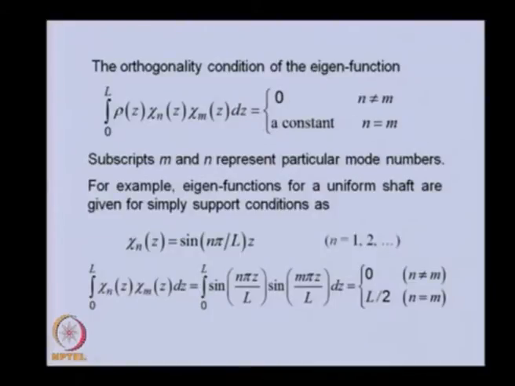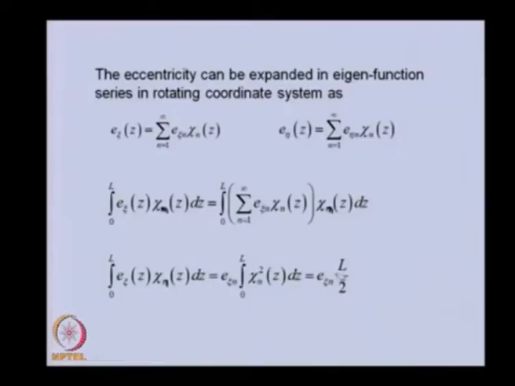For the simply supported rotor case, we have this as the eigenfunction, which we obtained earlier. If we substitute this eigenfunction in this integral, we will see that when m and n are not equal, this quantity will be 0. If n is equal to m, this will be L by 2. So we used this property here to calculate this.